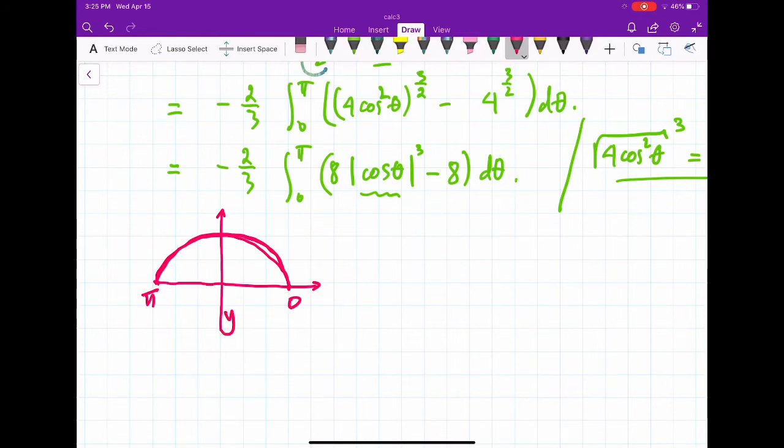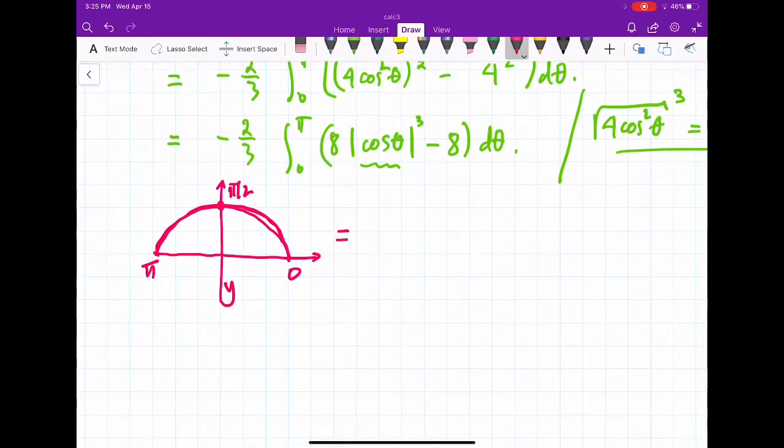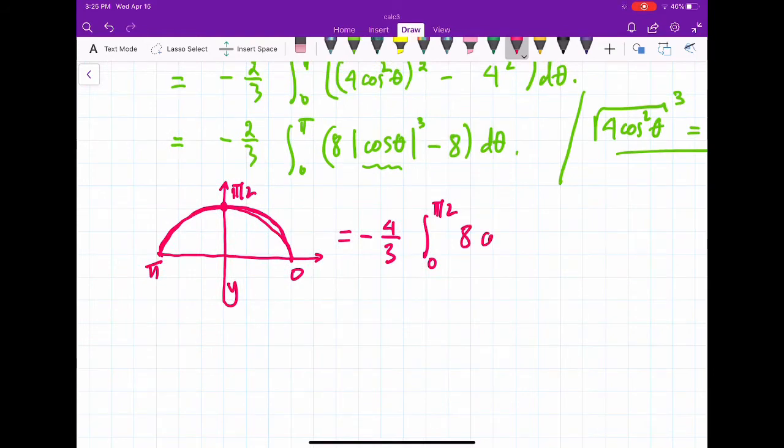Makes sense? So the integral from 0 to pi over 2 should be equal to the integral from pi over 2 to pi. That means I can rewrite this integral as negative 4 over 3, meaning 2 times, here from 0 to pi over 2. And when theta is from 0 to pi over 2, cosine is positive. I have 8 cosine cubed theta minus 8, d theta. Make sense?